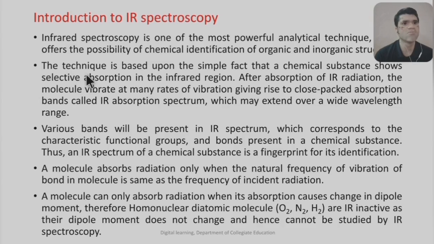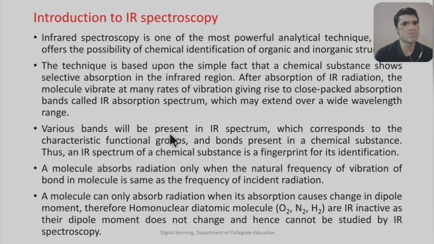Once we pass the IR radiation on a molecule, the molecule shows selective absorption. The absorption of radiation depends upon the type of bonds present in the molecule, and therefore it gives an opportunity for structural identification of the molecule.